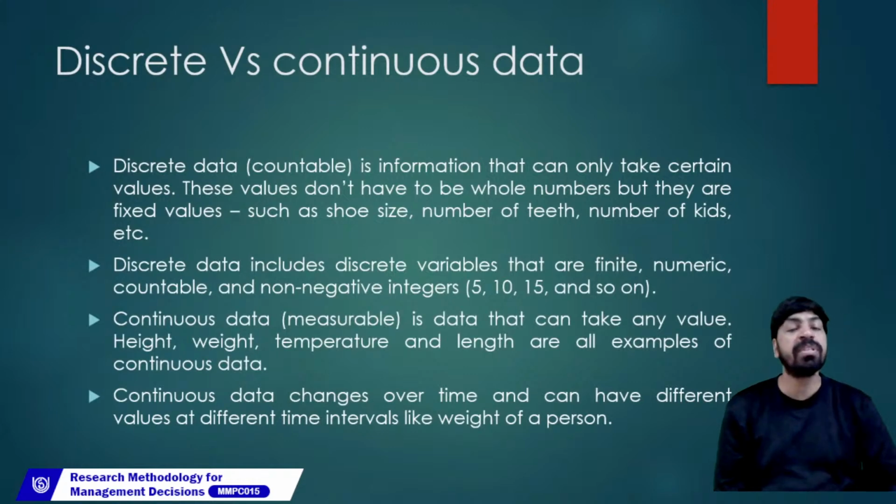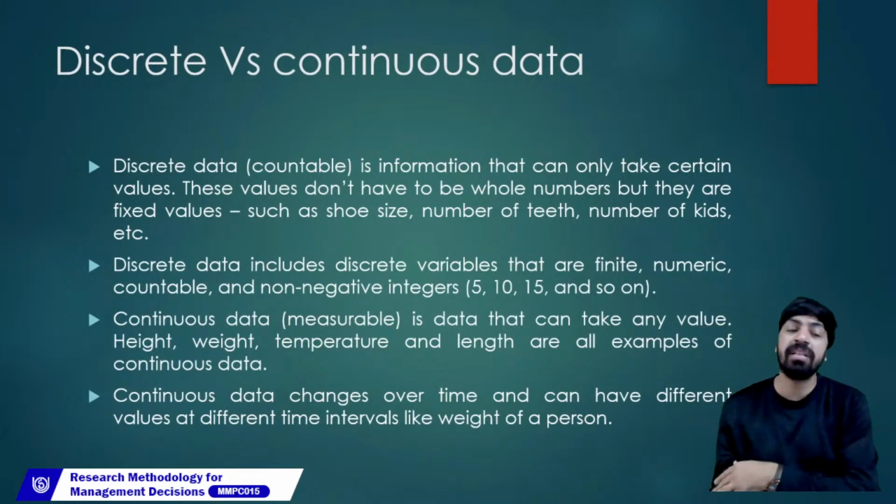Discrete variables are finite, numeric, countable, non-negative integers, that is 5, 10, 11, and so on, 20, 25, 30, etc.